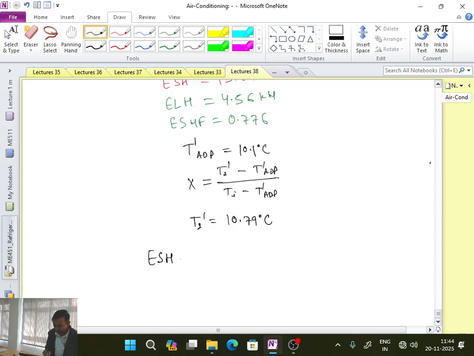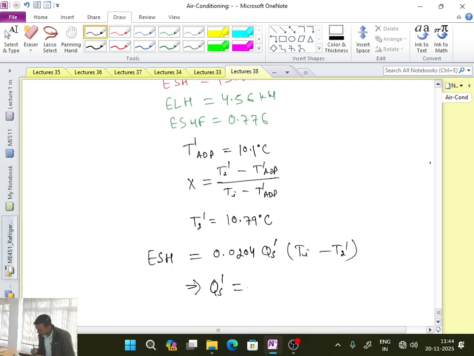New ESH must be equal to 0.0204 into QS dash, the new dehumidified air quantity, into Ti minus T2 dash. How much is QS dash? 58.79 cmm. Now you can see QS dash is nearly equal to QS, almost the same.